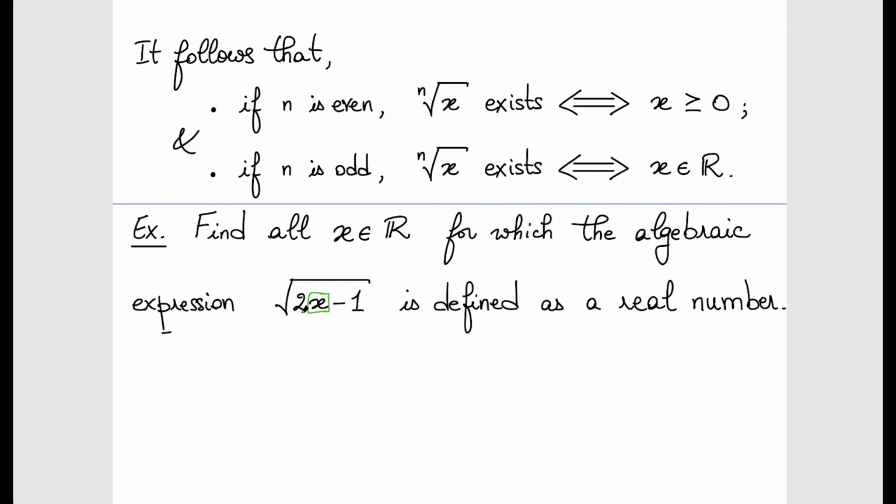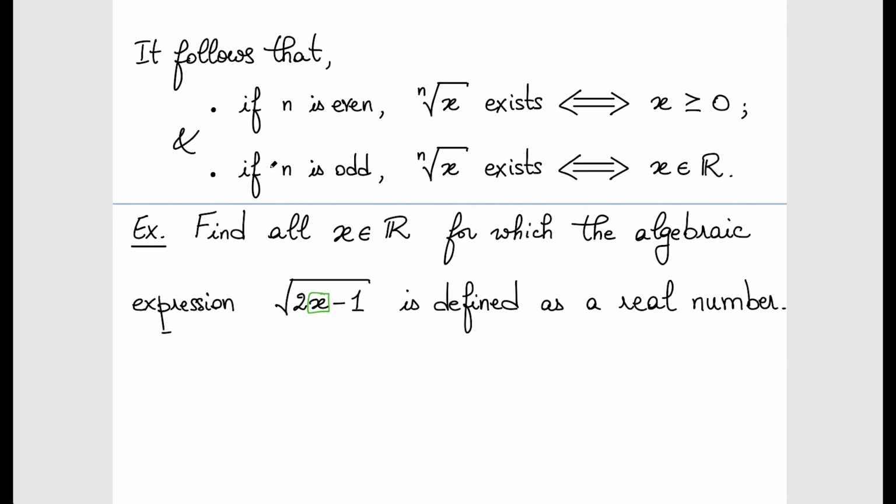If you plug in 1, you get 2 times 1, which is 2, minus 1, that's 1. Square root of 1 is meaningful. Square root of 1 is a real number. It's 1 actually. So it looks like some numbers work, some numbers do not work. The question is, find all of them that work. Not just a couple or one, just all of them.